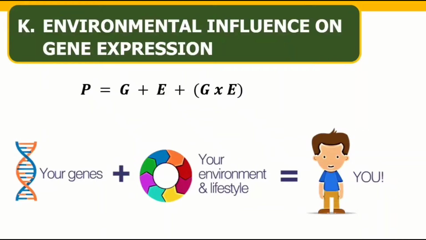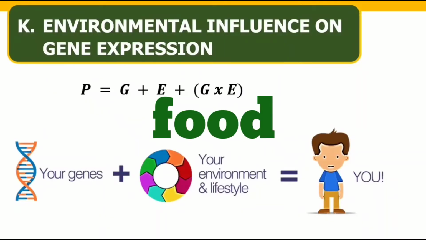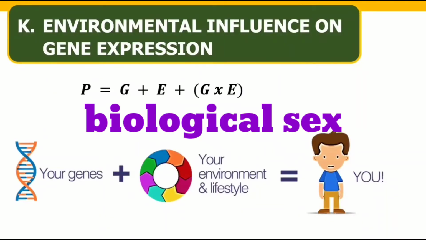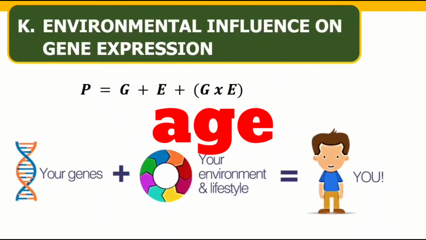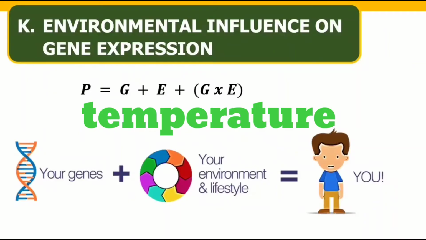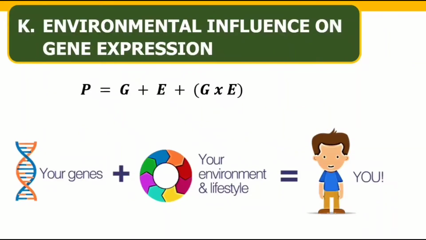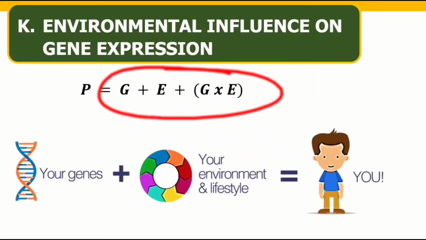So example, food or nutrition. We also have biological sex. We also have age. We also have other factors such as temperature and so on. Yun yung environmental factors. So the combination of all of this, G and the E contribute to the expression of the phenotype of an organism.